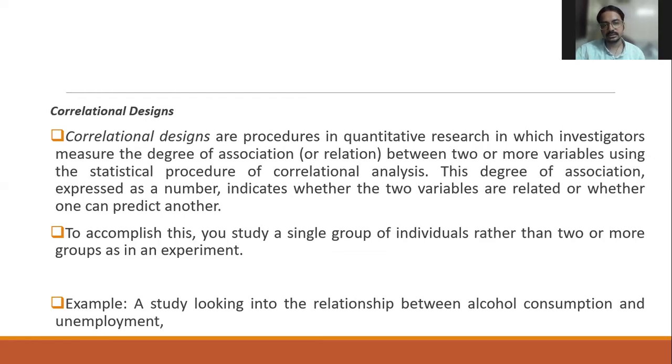To accomplish this, you study a single group of individuals rather than two or more groups as in an experiment. An example of a correlational study design is a study looking into the relationship between alcohol consumption and unemployment. So we are comparing the two variables, alcohol consumption and unemployment.